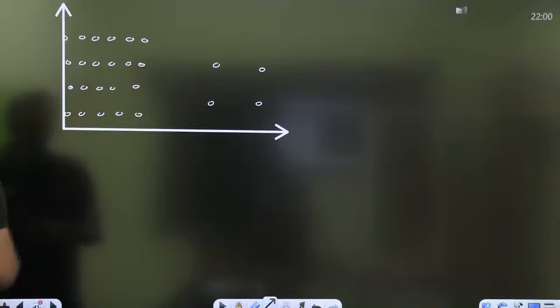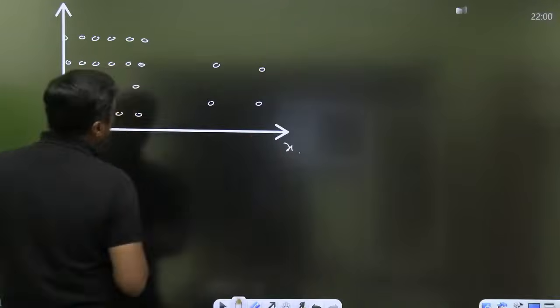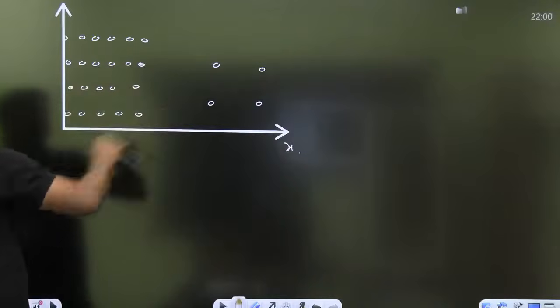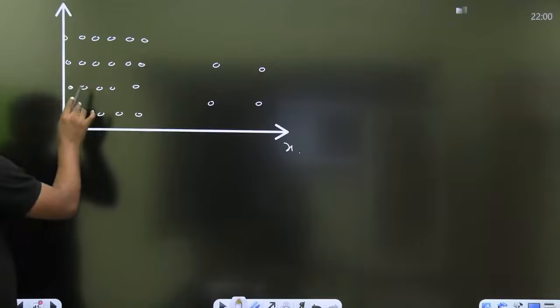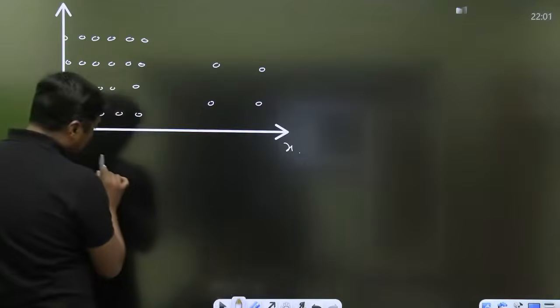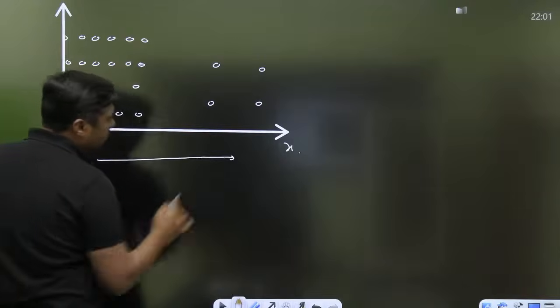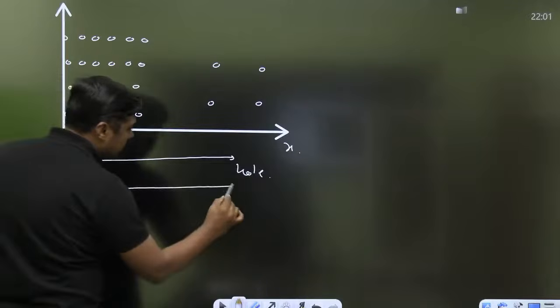On the y-axis we are representing the concentration, on the x-axis we are representing the distance. So here it is a higher concentration, here it is a lower concentration. There is a concentration gradient and the hole will move from higher concentration to lower concentration. When holes are moving from higher concentration to lower concentration, definitely current will be in the same direction.